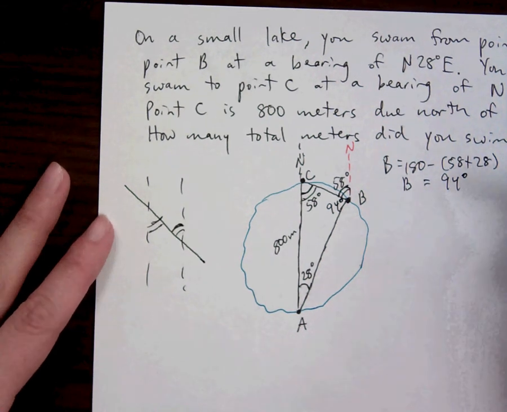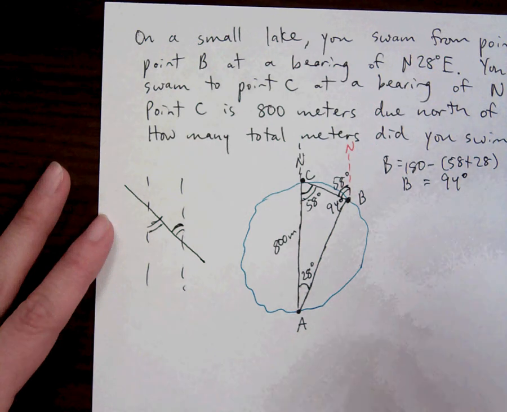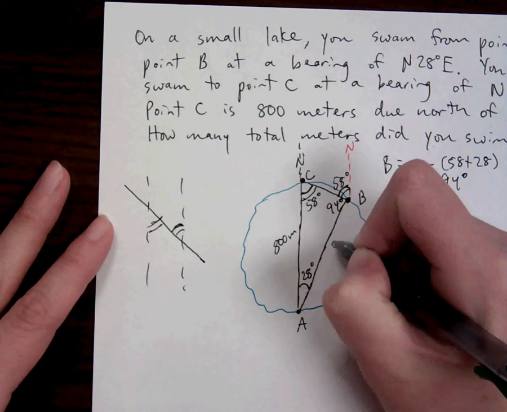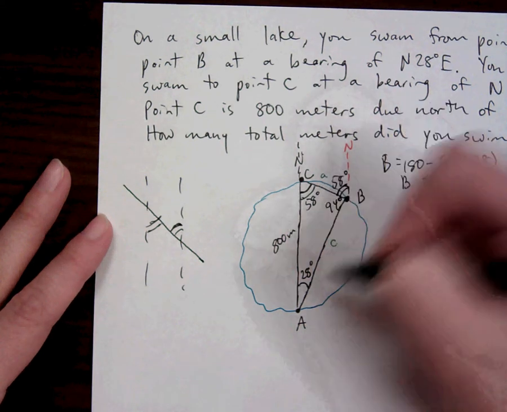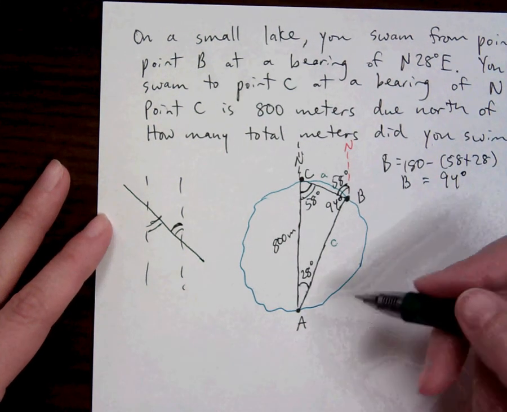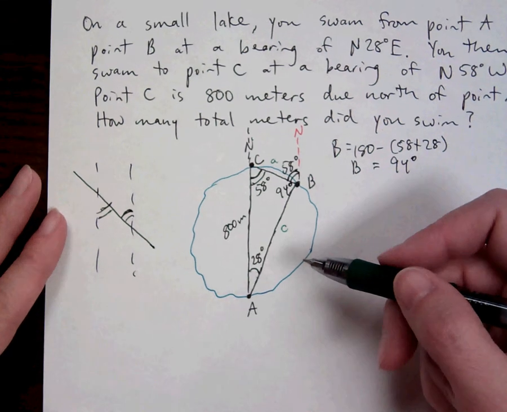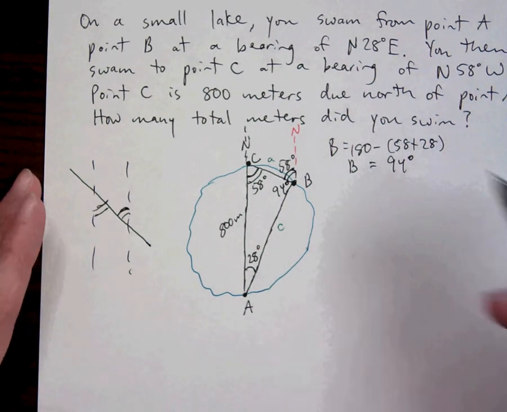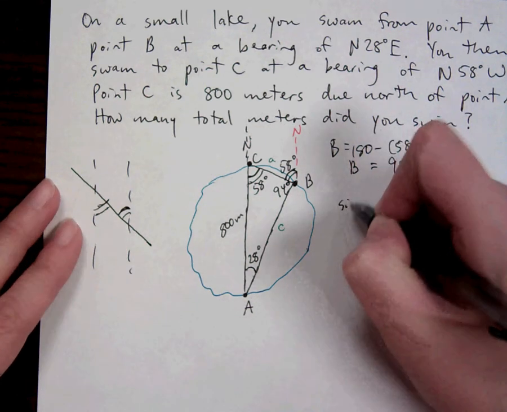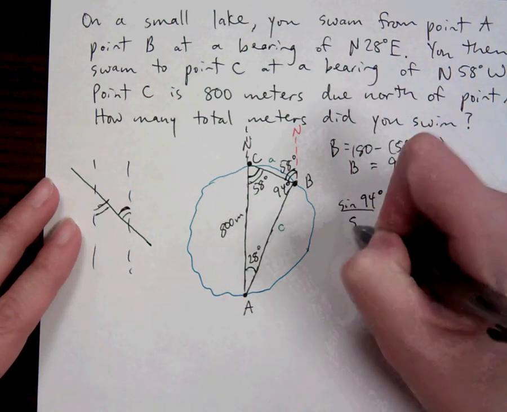Okay, now I can actually use law of sines to find the two things I want to find, because the two things I want to find are this side, I'm going to call it C since it's across from angle C, and A since it's across from angle A, and I want to add those together because remember in the end I want to know how many total meters I swam. So if I go ahead and set up law of sines then, I'm going to have sine of 94 degrees over 800.